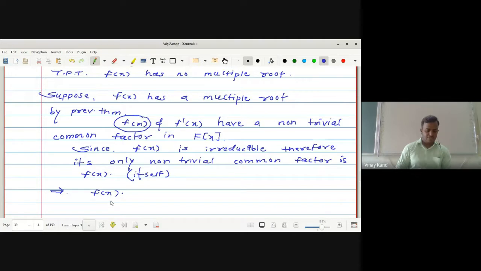That means this f(x) is a factor of f'(x).